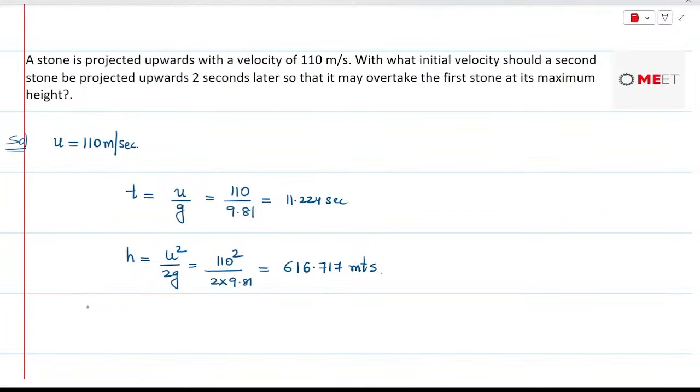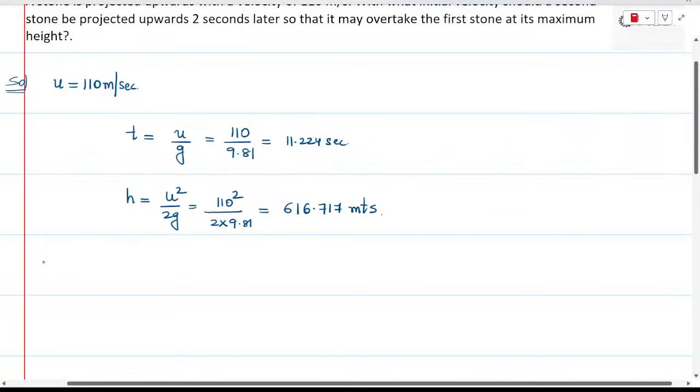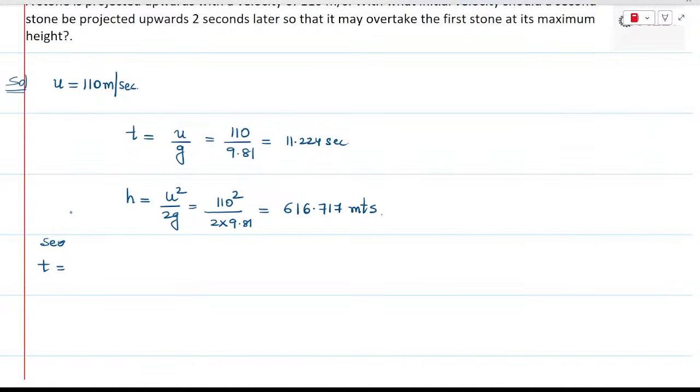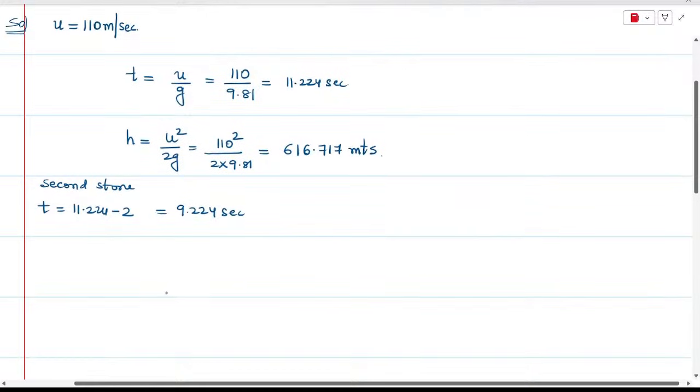Now the second stone is being projected after 2 seconds. So time taken for the second stone will be 11.224 minus 2, which is 9.224 seconds.